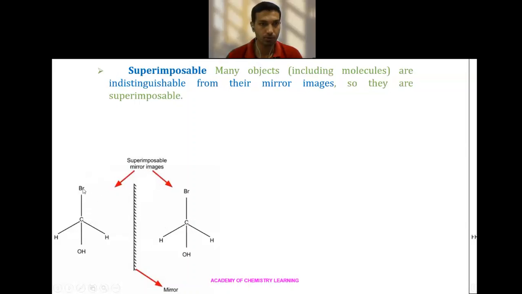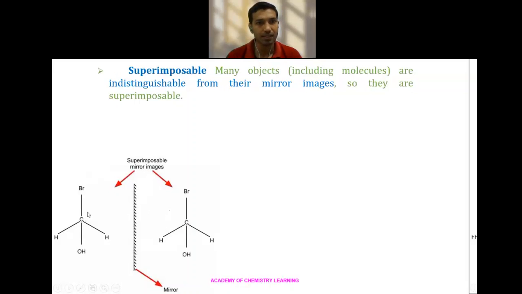All the groups or atoms fit or exactly match with its mirror image structure. Bromine will overlap on bromine, these two hydrogens will overlap on this hydrogen, and OH will overlap on OH. So you can say these two mirror images exactly match with each other, and hence they are superimposable mirror images of each other.